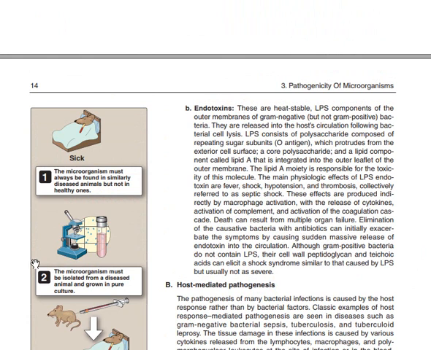Is it clear? So Koch postulated, he gave three theorems, that actually there is a microorganism that is causing diseases. Is it clear?